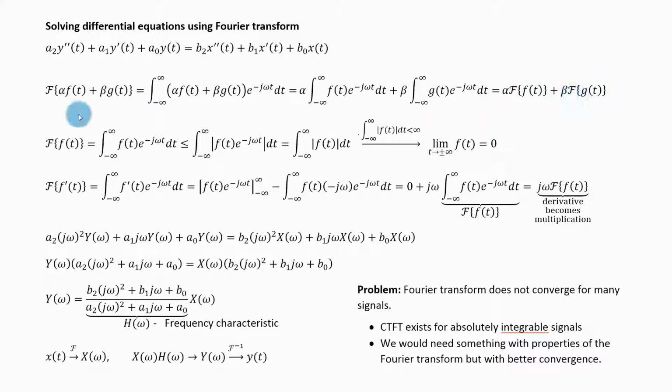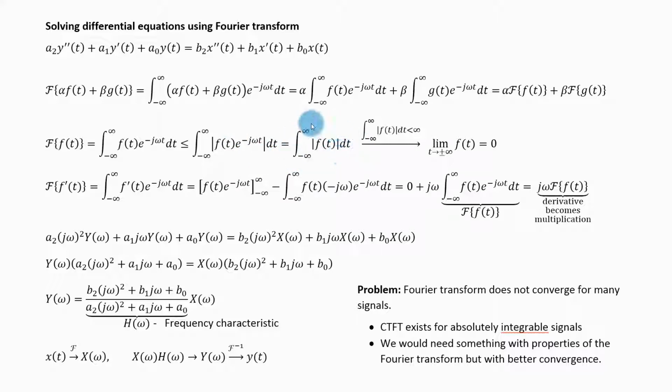Second, we need to examine for what signals the Fourier transform exists. For this purpose, the definition integral can be maximized by taking the absolute value of this argument. If this integral exists, it will always be greater or equal to this one. And because the absolute value of this complex exponential is always 1, this integral is always equal to this one.